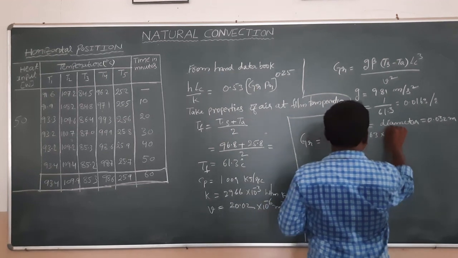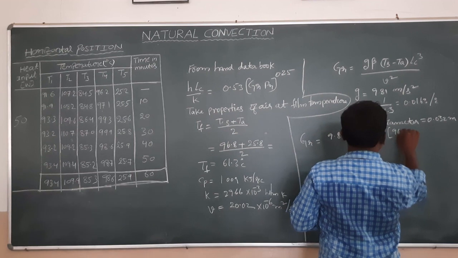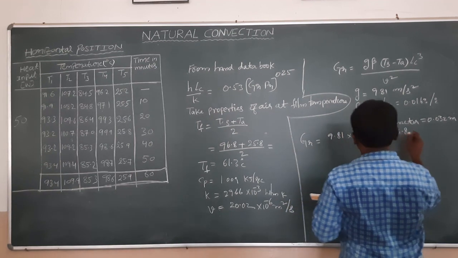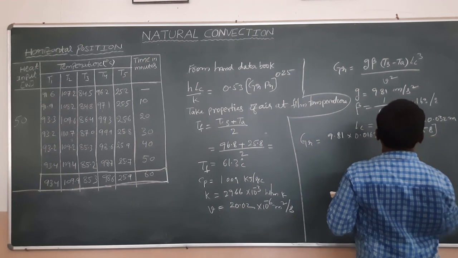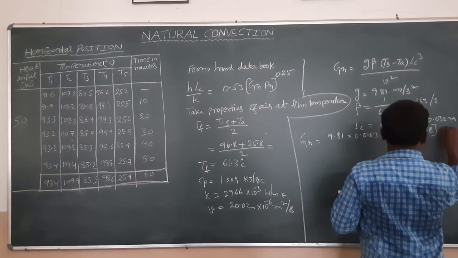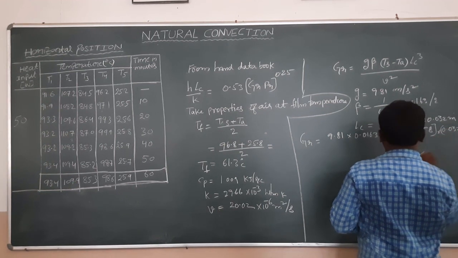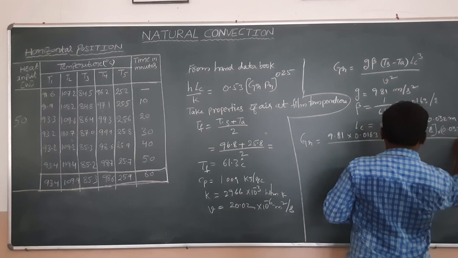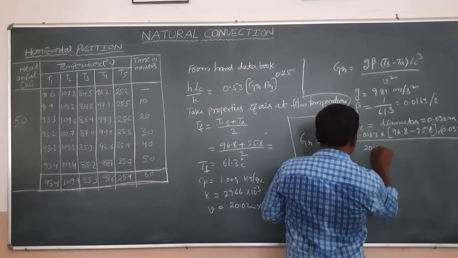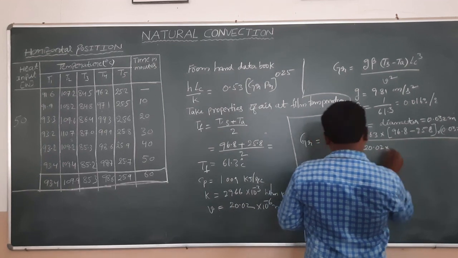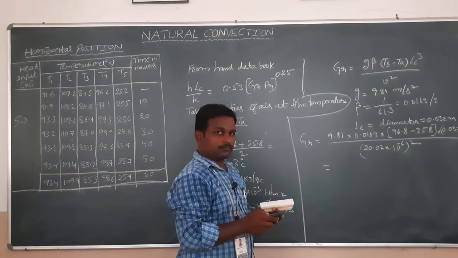The surface temperature is 96.8 minus 25.8 into Lc cube, 0.032 cube, divided by v square, the kinematic viscosity, 20.02 into 10 to the power of minus 6, whole square.